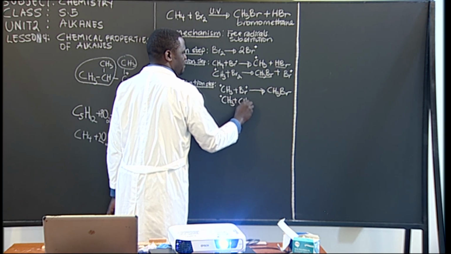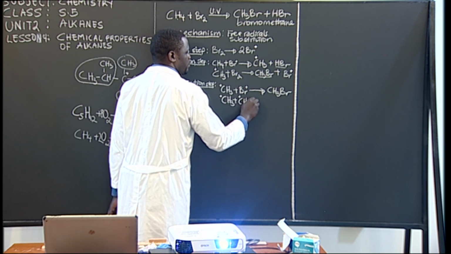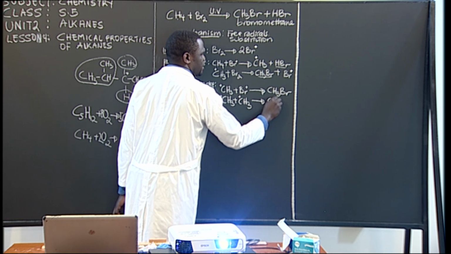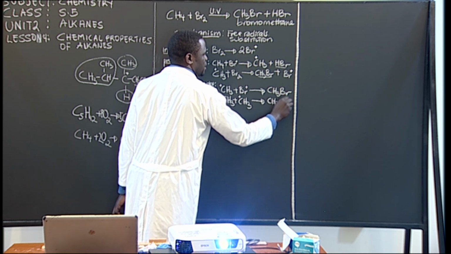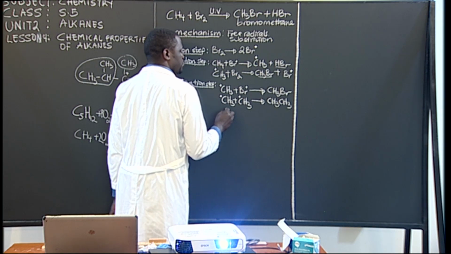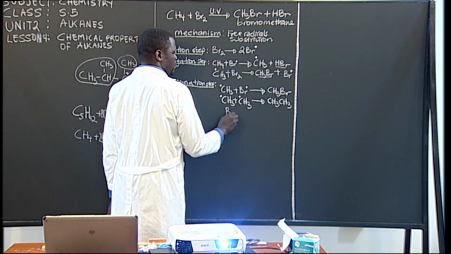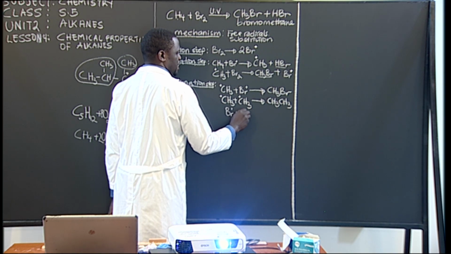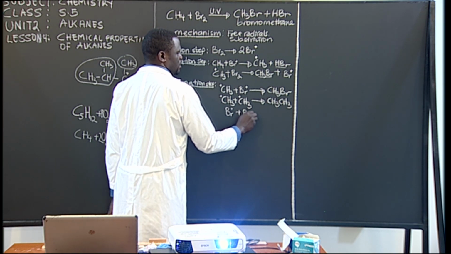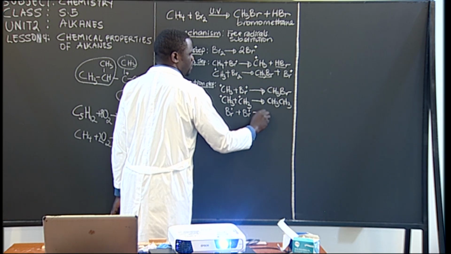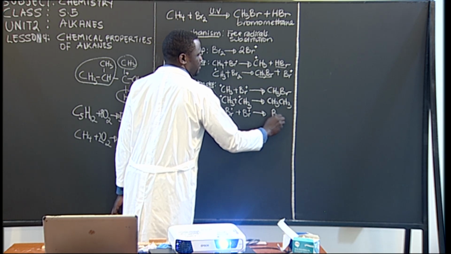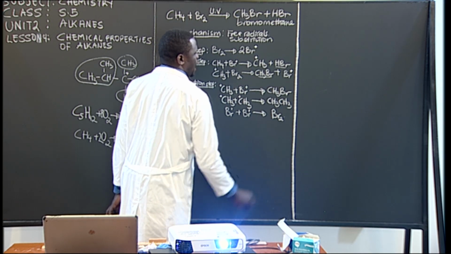As I've told you, we have many, to form CH3CH3. We can also have the Brs again combining. So the reaction I've told you is continuous, and we can form many products. Those are possible products.